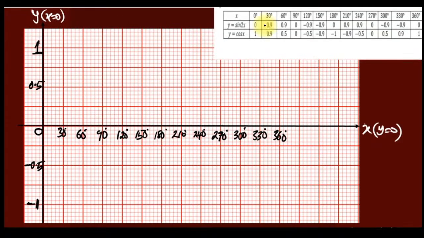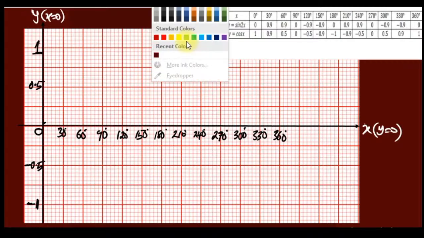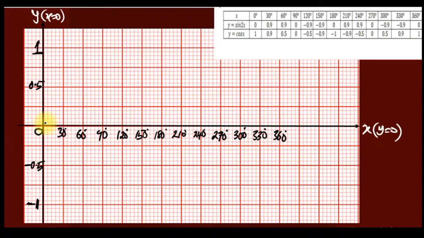When x is 0, y is 0. So this is the origin. That's the first point. When x is 30, y is 0.9.